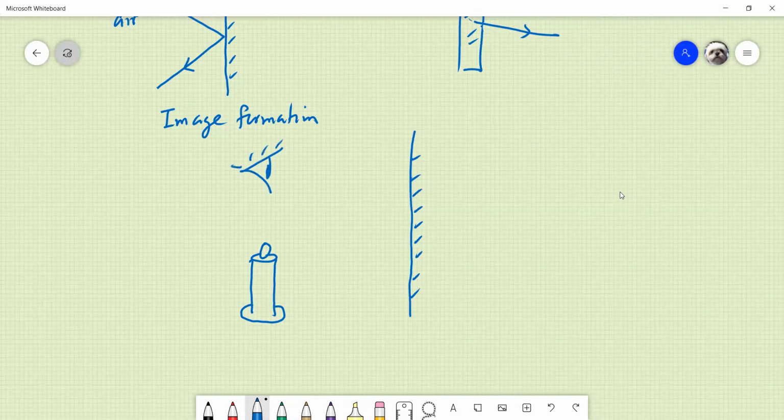Now what is the mirror, right? So you can look at that. Now, the way the image forms in the mirror, I'm going to explain it to you right here. Now, I'm going to do this. I should use a different color.